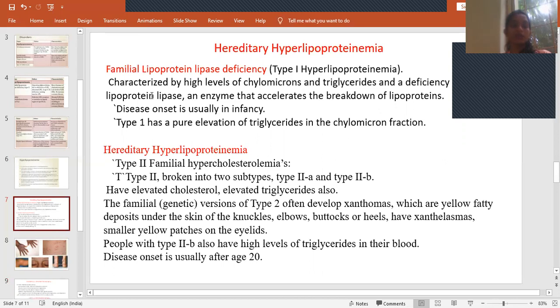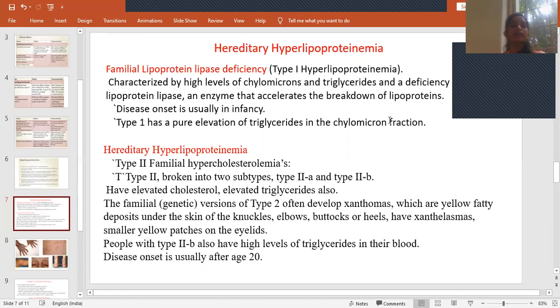The disease onset is usually seen in infancy, that means we can see this kind of disease in newborn babies. Type 1 has a pure elevation of triglycerides in the chylomicron fraction. That means in type 1 hyperlipoproteinemia, a severe rise in triglyceride levels can be seen.